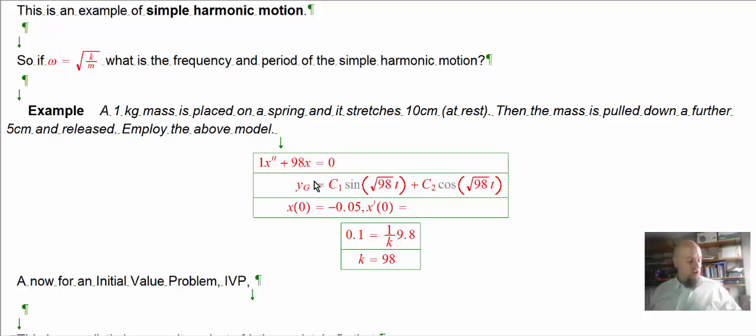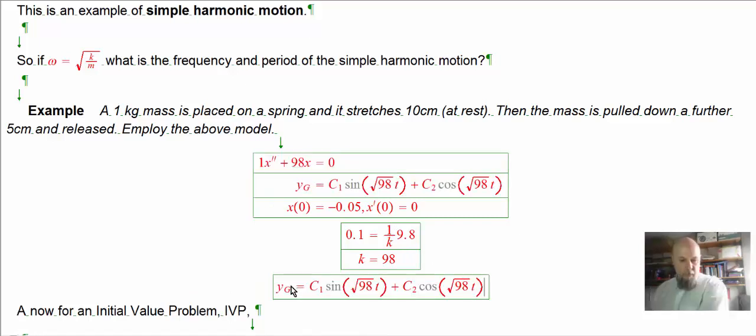Well, it says it's just released, so its initial velocity is 0. Here are my initial conditions that I'm going to use to sub in and find my constants. When t is equal to 0, x is equal to minus 0.05.